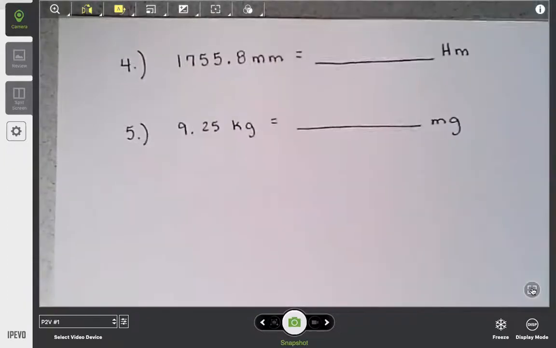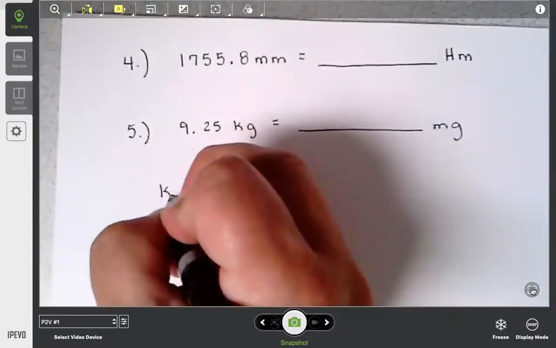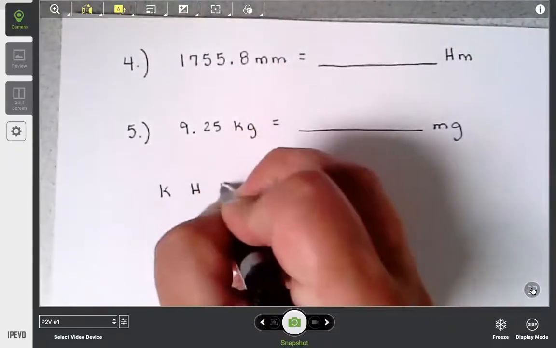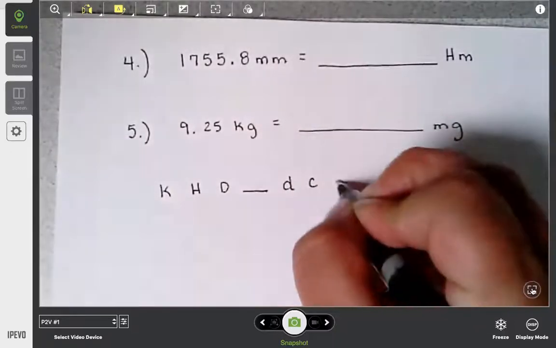All right, give these two a shot. See if you get them right. Remember, kangaroos hop down something, drinking chocolate milk.